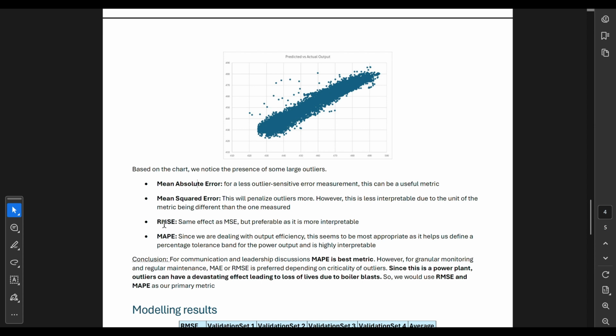And root mean square error is just a square root version of the mean squared error term. Now, root mean square error is, in my opinion, relatively much better and more interpretable because its unit is same as our output metric, whereas the mean squared error will be a squared value of that particular unit. So, given these two, my choice would definitely be RMSE.